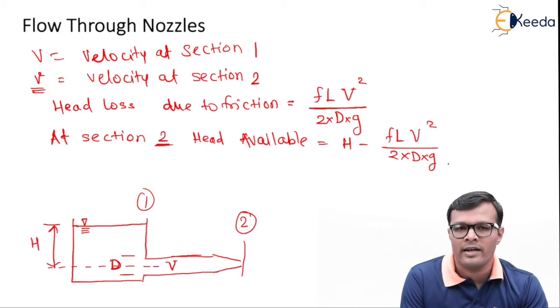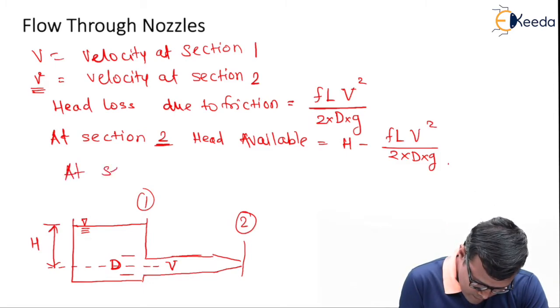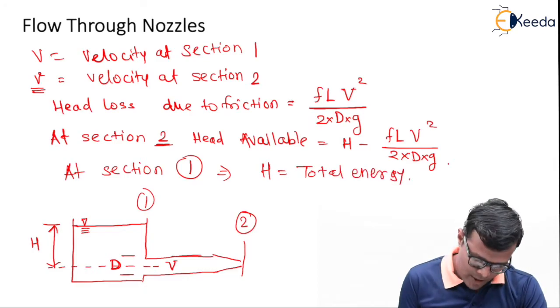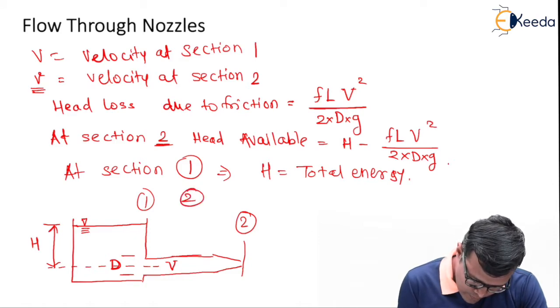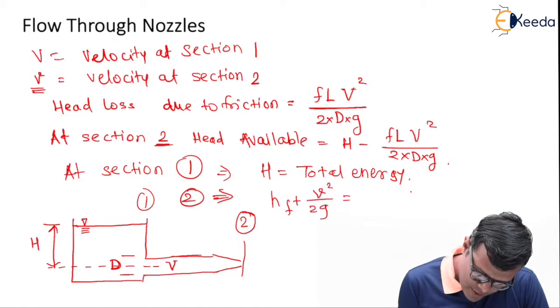So if we compare energies, at section 1 we have energy as H, which is nothing but the datum energy, and at section 2 we have energy as friction loss HF plus kinetic energy, that is small v square upon 2g, which is equal to the total energy.